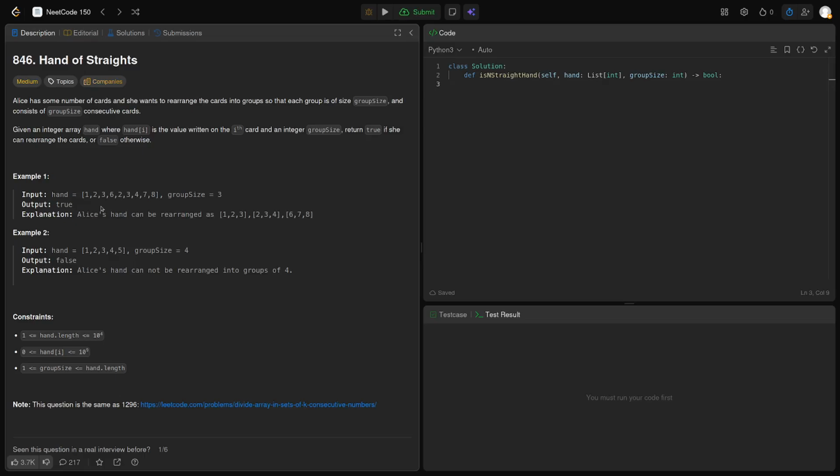Now can we not do this faster? Let's say we keep counts of elements and just iterate over here, and we are like, okay, 1. If we find 1, then it should be in some consecutive run of elements which is divisible by group size.